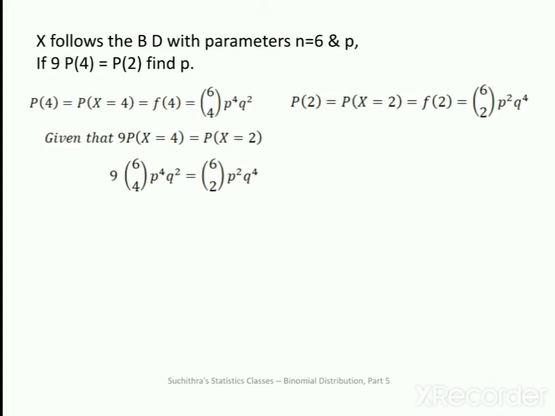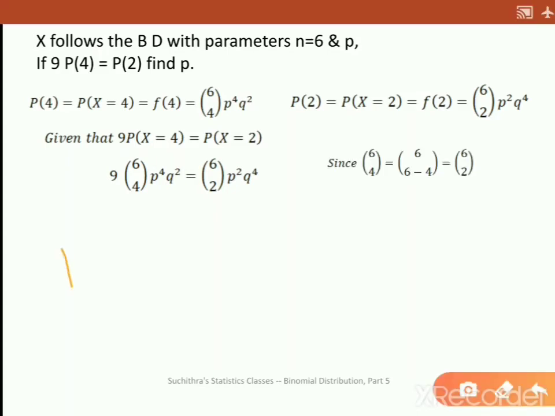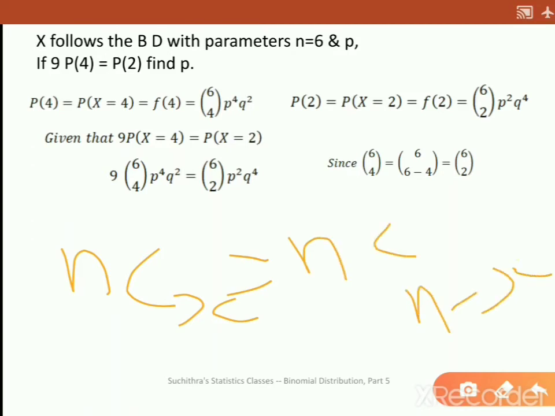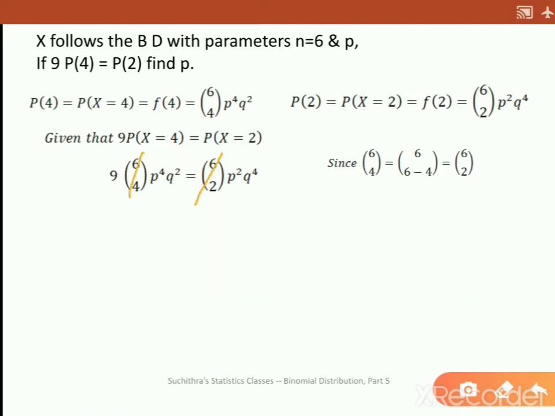Apply the expansions, cancel the like terms. We know that ncx is equal to nc n minus x. Using this result, we can write 6c4 equal to 6c6 minus 4 equal to 6c2. So, we can cancel 6c4 and 6c2.